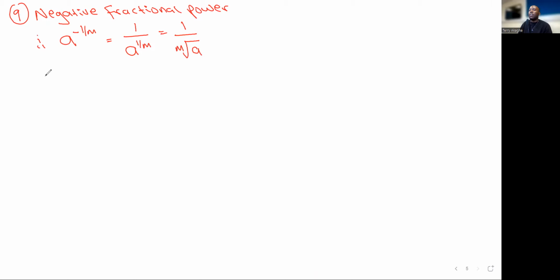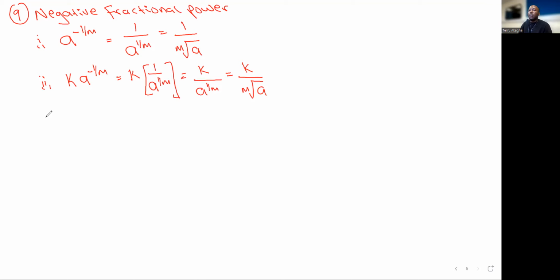Now, if there is a constant, if we have k·a^(-1/m), you just multiply k by this. We already know that to be 1 over a^(1/m). And that will give us k divided by a^(1/m), which is the same thing as saying k over the mth root of a.